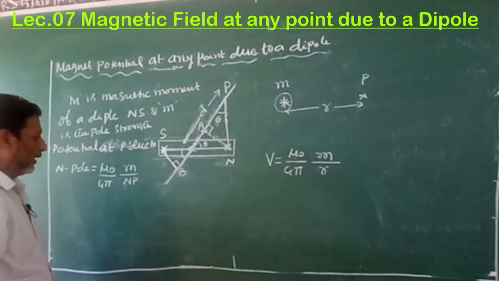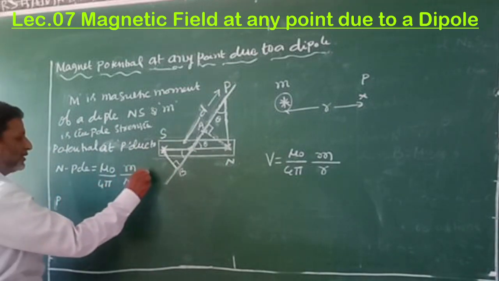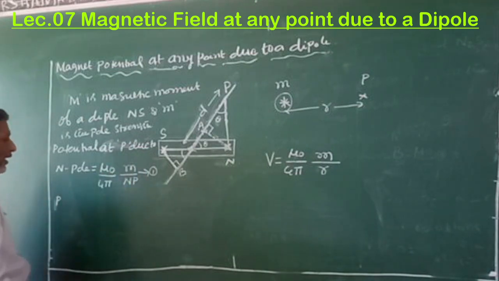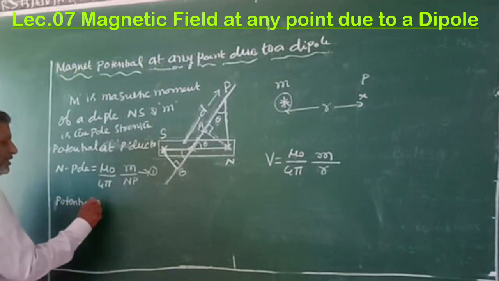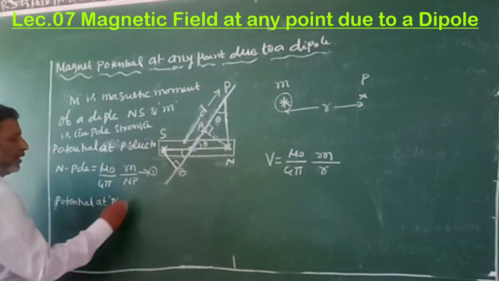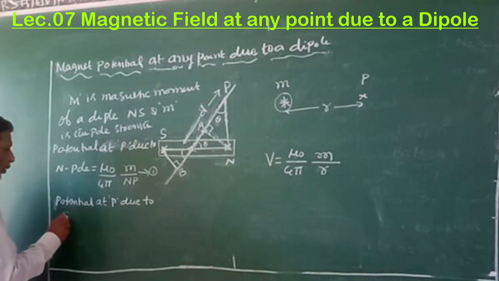Let us represent this as equation number 1. Next, the potential at P due to the south pole.